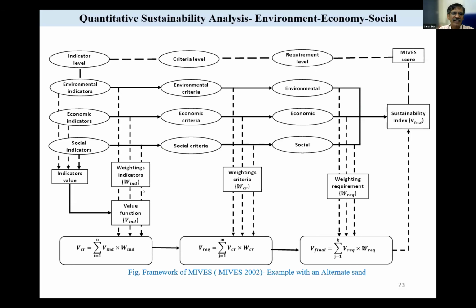And second, identifying the weights of these indicators also depends upon the regional or local basis. Then only will we be able to find a number to tell that my solution is a sustainable solution, instead of just using the word sustainable material after the technical investigation.